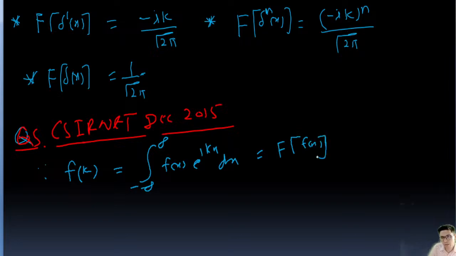This is given in the question, and the f(x) value is given: alpha delta x plus beta delta dash x plus gamma delta triple dash x.